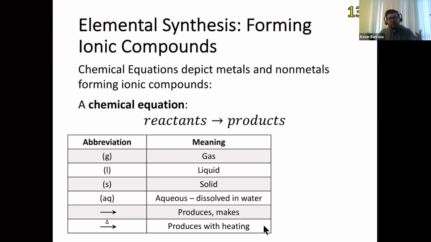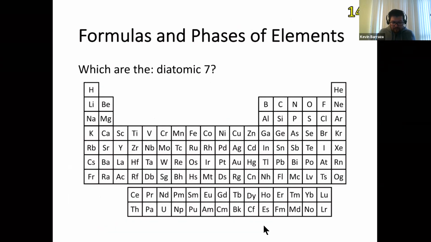So I know the formula for sodium chloride, but what is the recipe? How much sodium and how much chlorine in terms of atoms is necessary to make this? But before we do that, we're going to be combining the elements. We have to remind ourselves that some of the elements actually have special symbols, and it's, hint, hint, the diatomic 7.